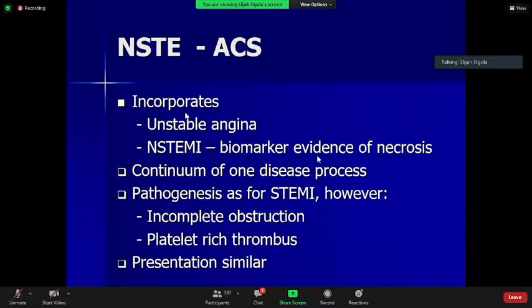The only difference between these 2 is that in the NSTEMI, we have biomarker evidence of myocardial necrosis, which in simple terms means that troponin is elevated. The upper one sounds exactly the same, but there is no elevation of troponin. But we treat these 2 as a continuum of the same syndrome, the same disease process, and treat them basically the same.